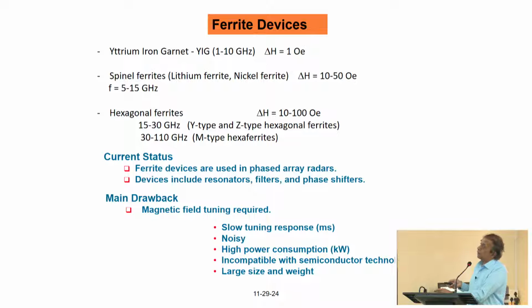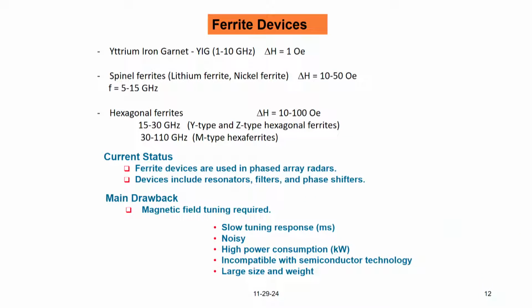The devices that you would like to put together, depending on the frequency, these are the choices for the magnetic film. Yttrium iron garnet, up to 10 gigahertz. Spinel ferrites, both lithium and nickel ferrite, up to 15 gigahertz.